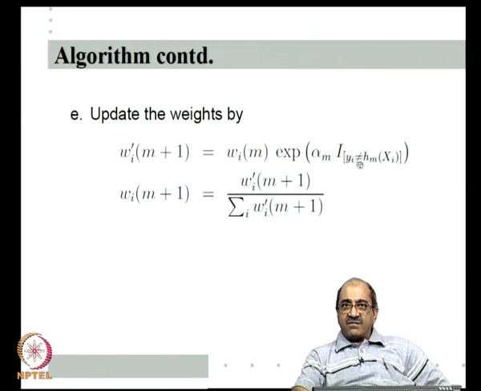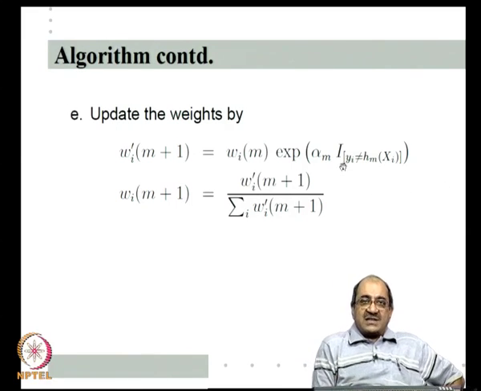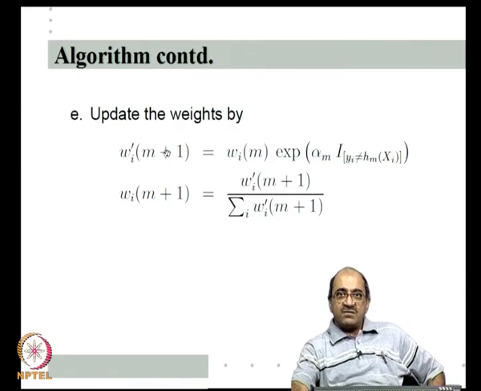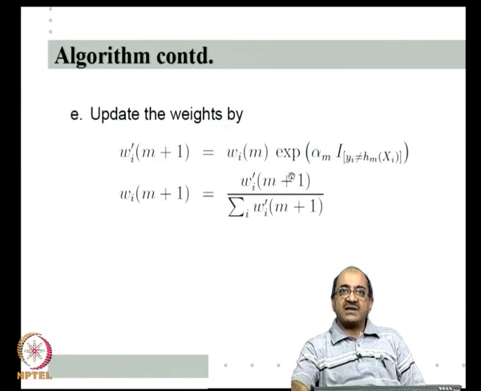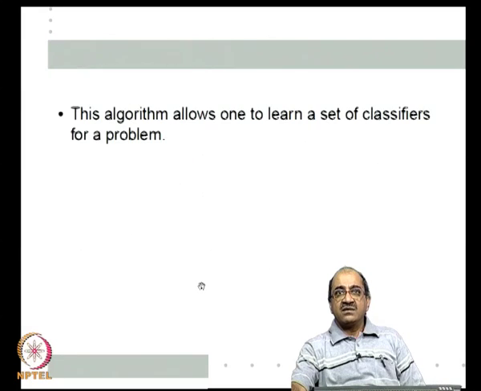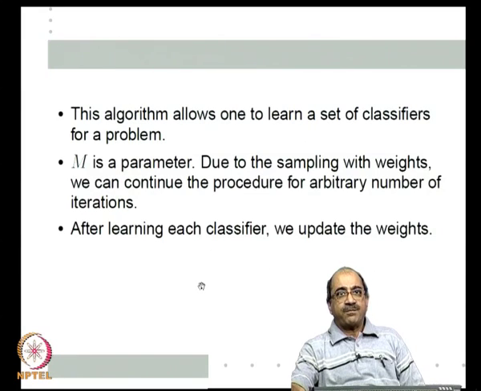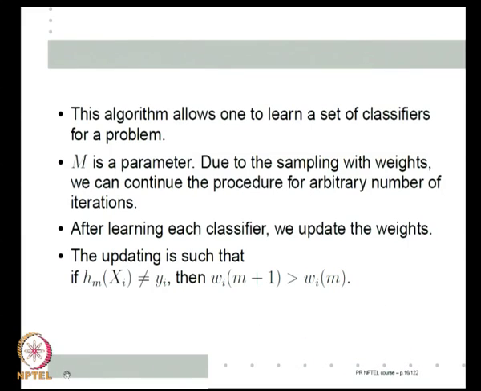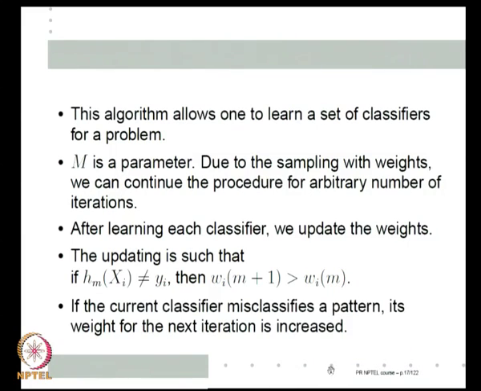On the other hand, if y i is equal to h m x i, then this factor is 1. So, w i prime m is w m. So, essentially in w i prime, I am increasing weights of all examples which are misclassified, leaving others where they are, and then renormalizing, which means if I have misclassified an example, then its weight for the next iteration increases.